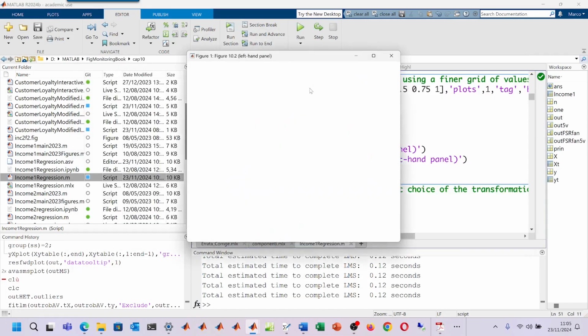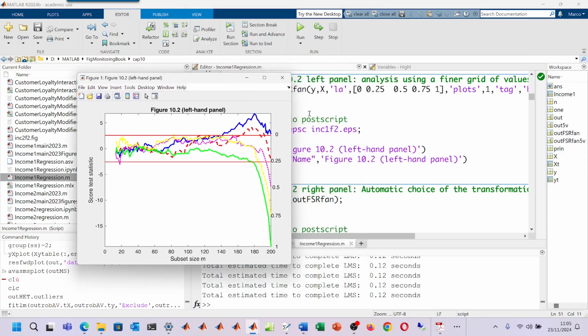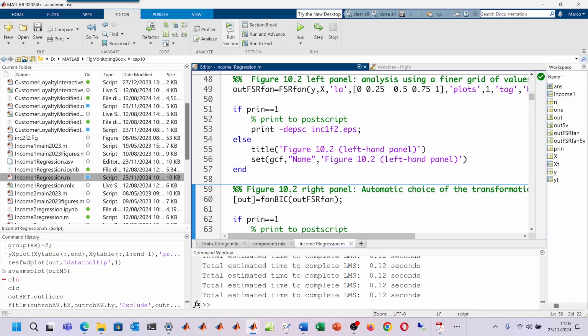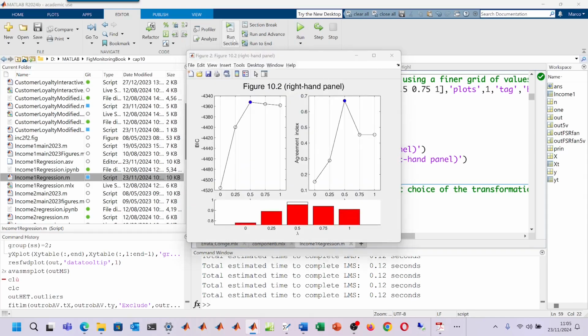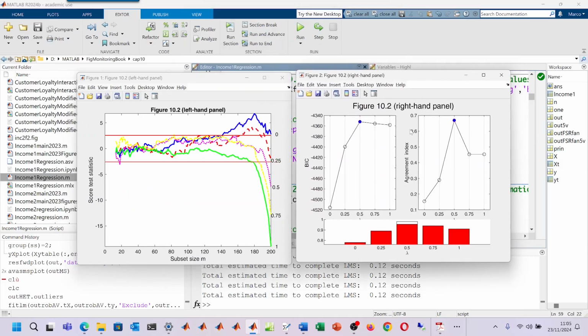Now we use a finer grid of values of lambda. So we go from 0 to 1 with a finer grid of 0.25. And then we run our automatic procedure for finding the best value of the transformation parameter, and still using this finer grid of 0.25, we end up with the square root as the best value of the transformation parameter.